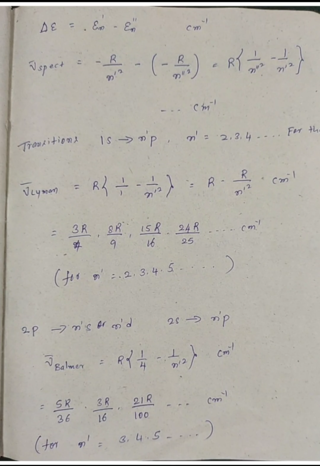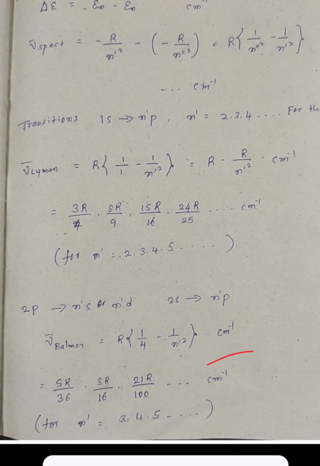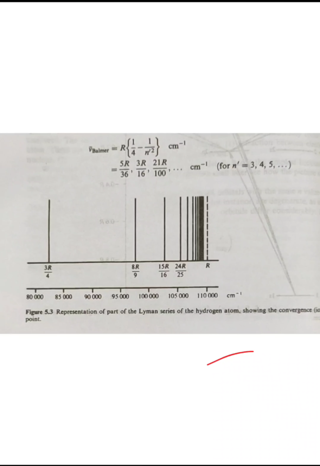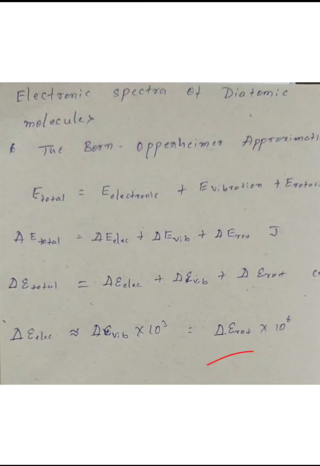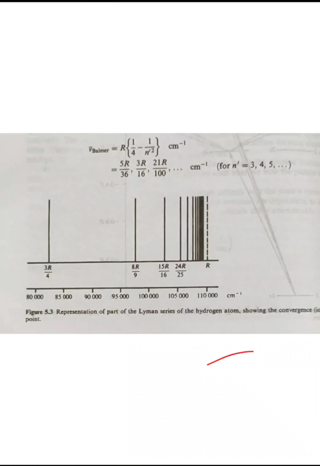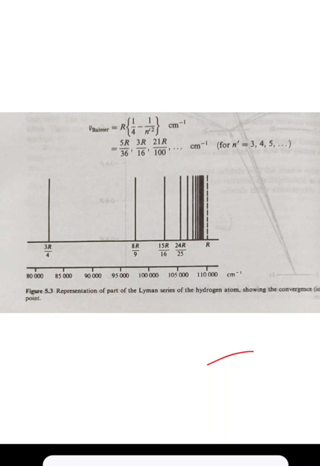So we next move on to next page. Okay, so this is about the Balmer series, and also you can calculate the other series: Lyman series, Balmer series, Paschen series, Brackett series, Pfund series, etc. For the Paschen series, n double dash is equal to 3, n dash is equal to 4.